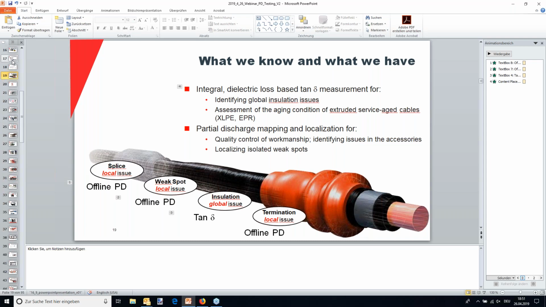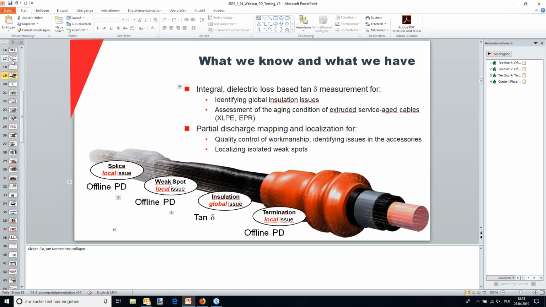That means you cannot measure the condition of the insulation, because for that you need to vary the voltage. You need to be able to go 1 U0 and beyond to see if there is something coming up and to see what it's like.